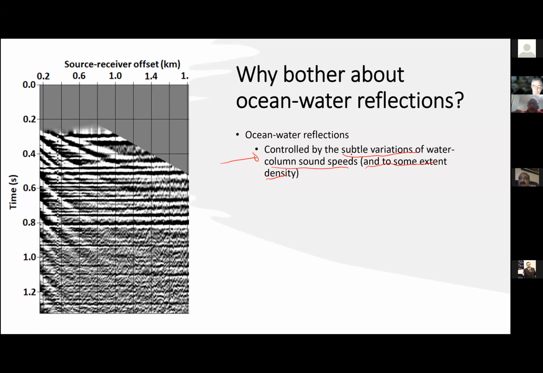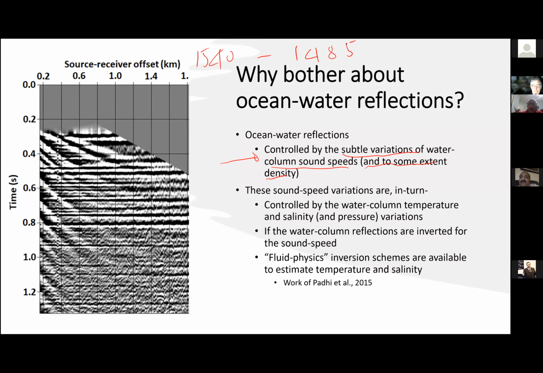And as I said, we have about 1545 or 1540 on the top end and 1485 at the bottom end. That is what we picked in the previous slide. And these sound speed variations are controlled by the water column temperature and salinity and also pressure variations. Those are the important factors that control these velocity variations.